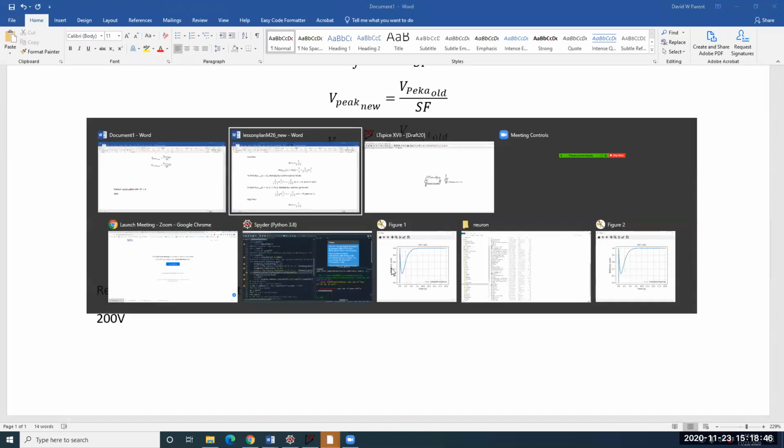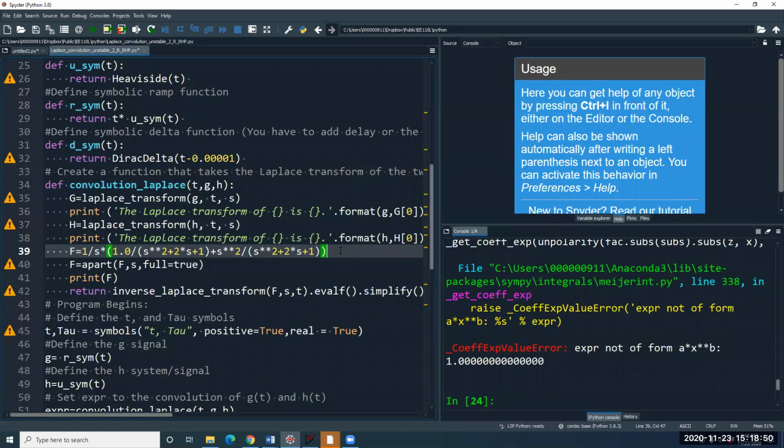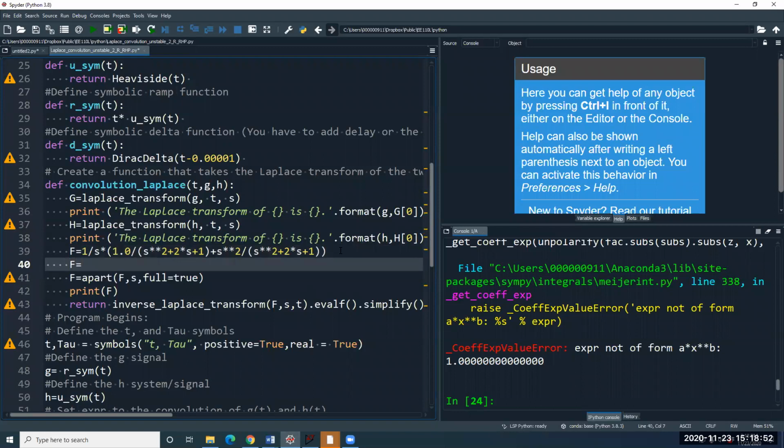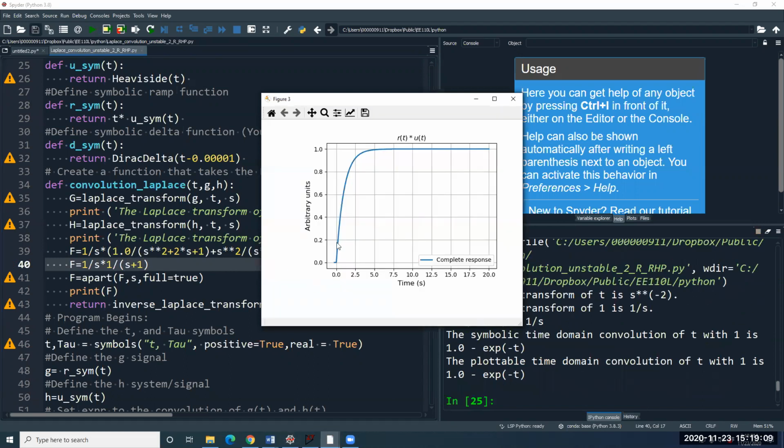Now this can, let's see. So if F equals 1 divided by S times 1 divided by S plus 1, right? I should be able to get the step response, right?